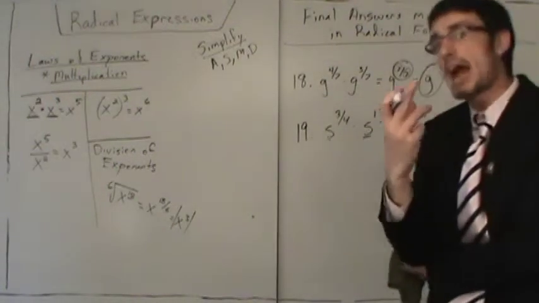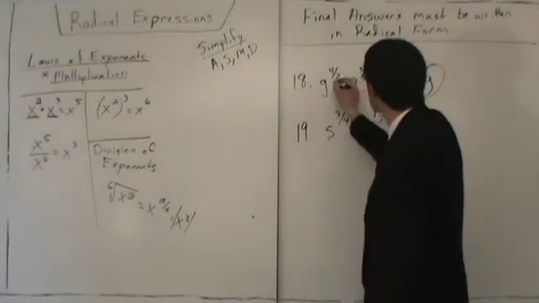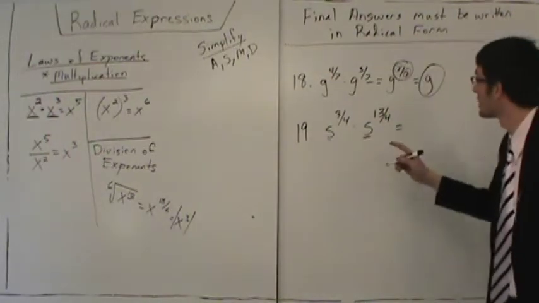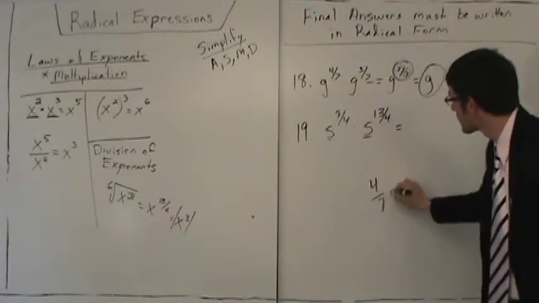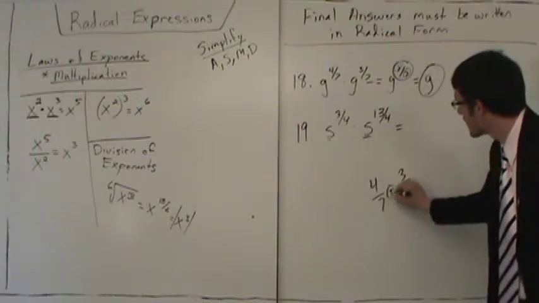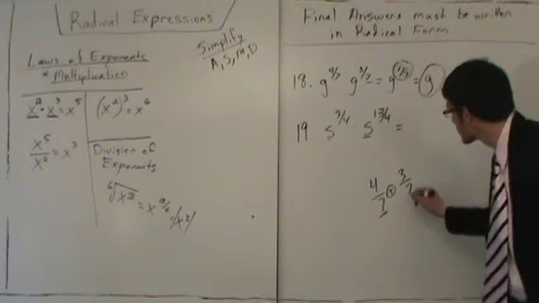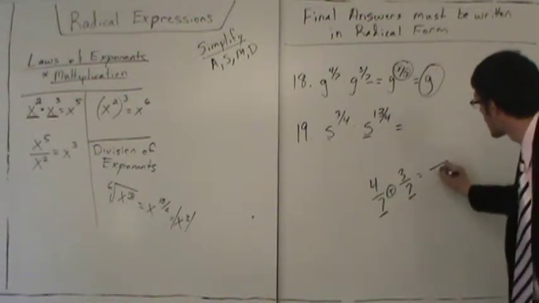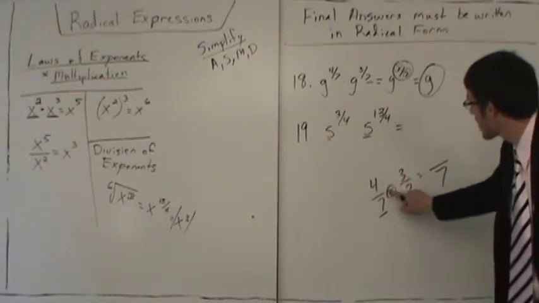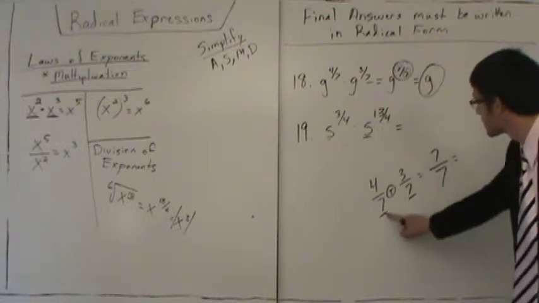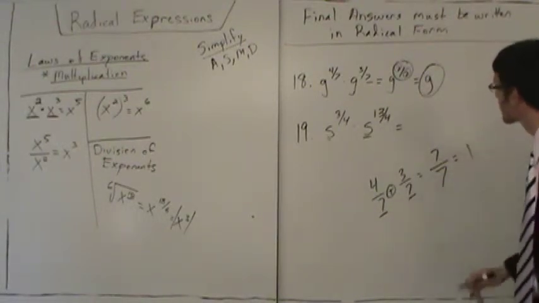Reminder, when we're adding fractions, I should have said this in the last one, we have to have a common denominator. So 4/7 plus 3/7. Notice, when we add, something must match, and what matches doesn't change. Since the denominators match, the denominator will not change. The denominator is a 7. And we add what's on top. 4 plus 3 gives 7. Notice that the denominator did not change, and 7/7 is 1.